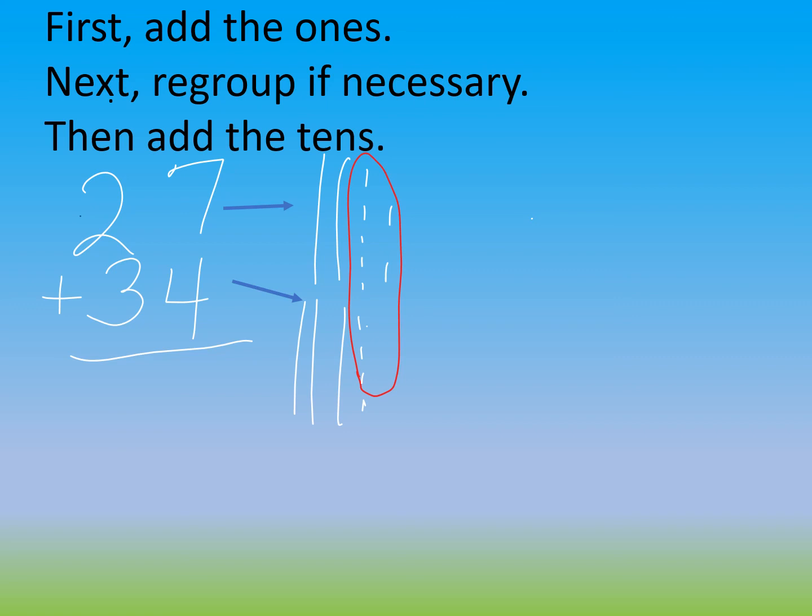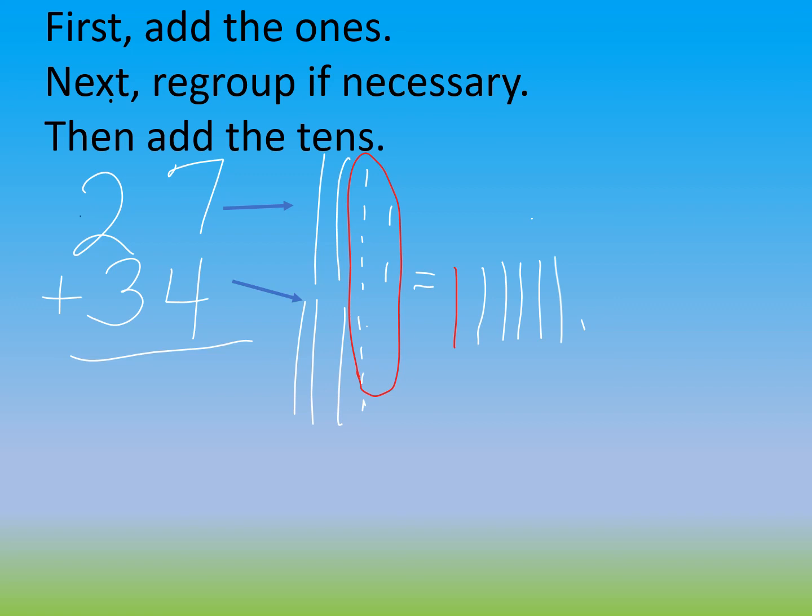We need to add the ones. Regroup if necessary. It's necessary because there's more than 10. There's 11. So I'm going to put a circle around my ones, and I'm going to make that a red 1 to represent that circle. Then I have 5 more white lines and 1 left over.